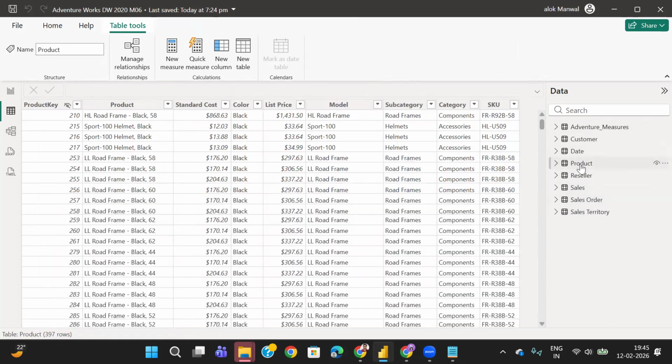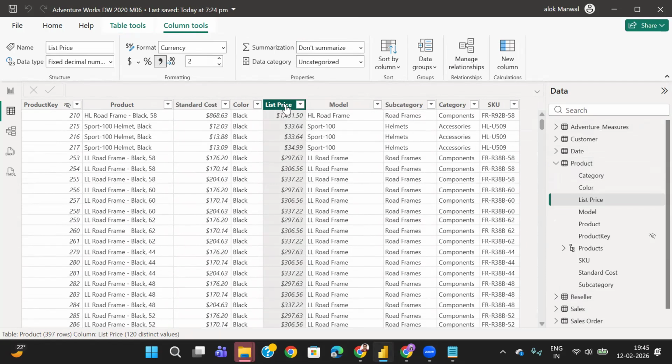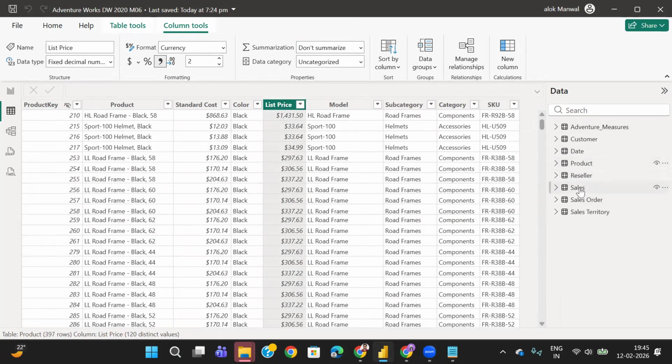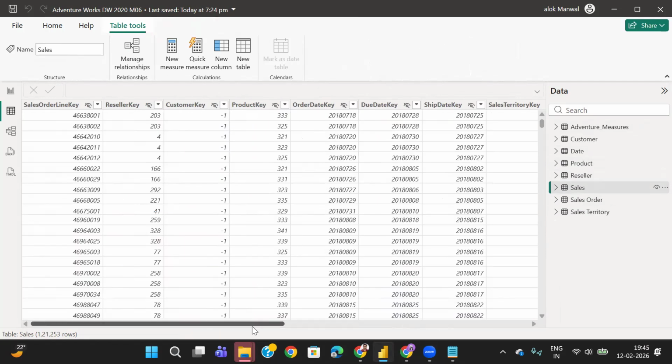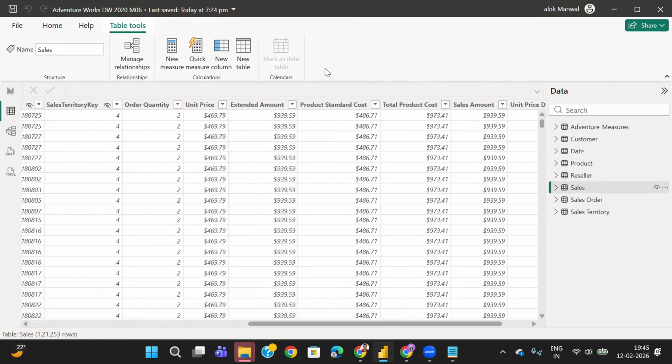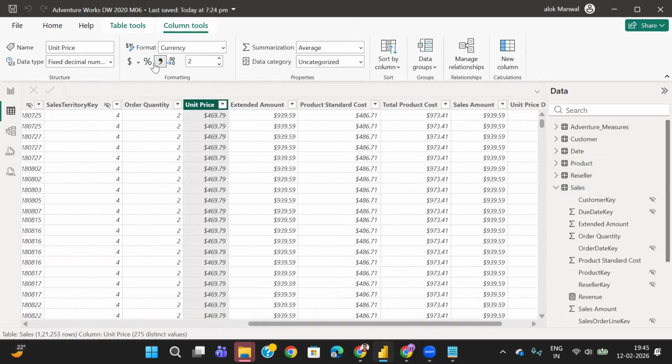It should be in product. Product. Yes. No, it's not in product. Okay, yes, it's in product. Okay, and where is the unit price? Let me see the unit price, currency, and so on. So what would be the discount?